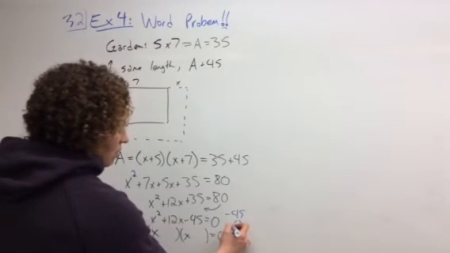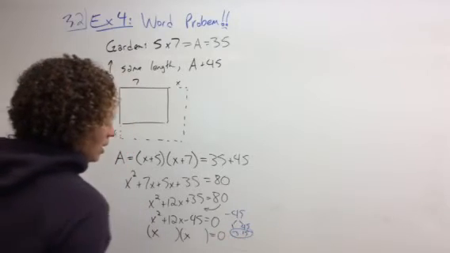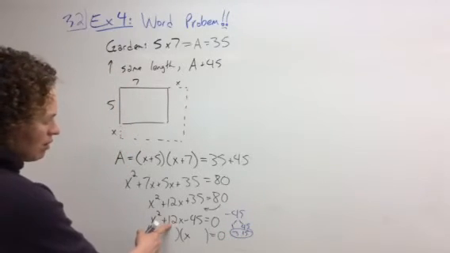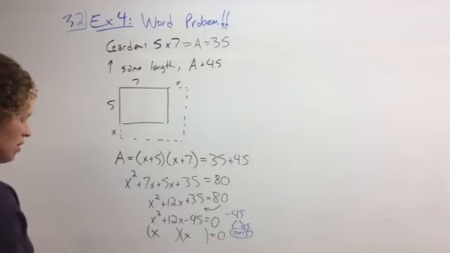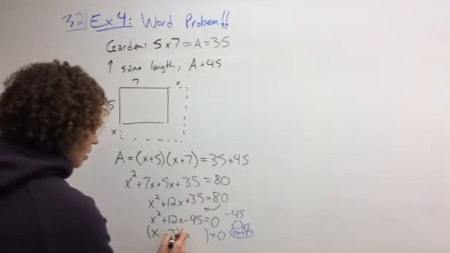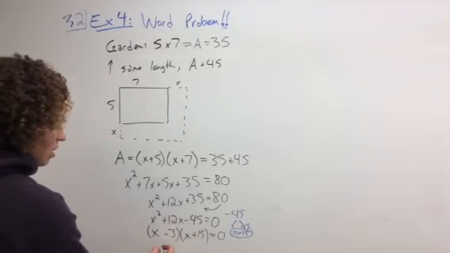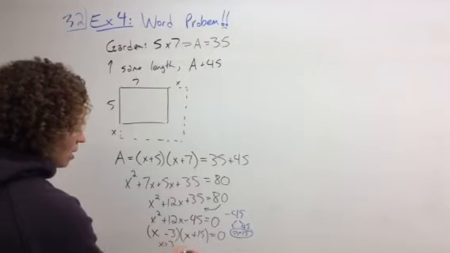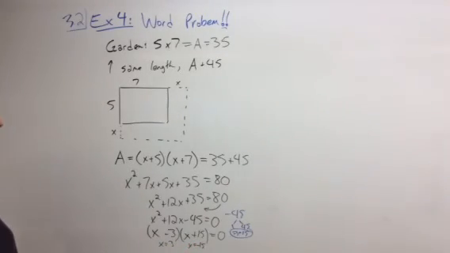So factors of 45, 1 and 45, 3 and 15, oh, there we go. 12 is positive, so the 15 wins, so the 3 is the negative. So I've got x minus 3 times x plus 15, which means that this possible value for x is 3, this possible value for x is negative 15.